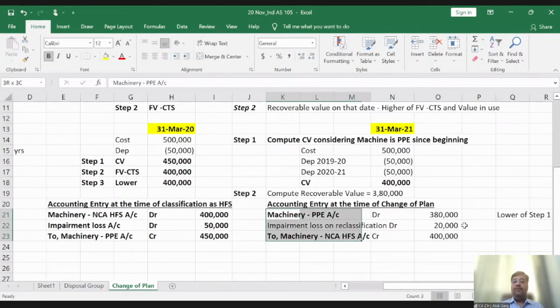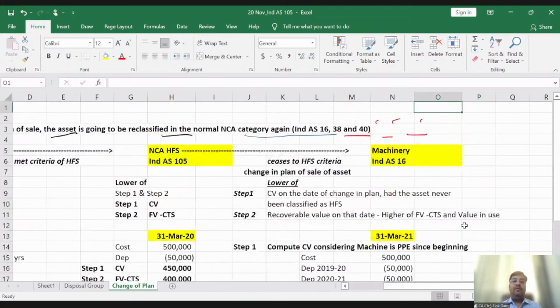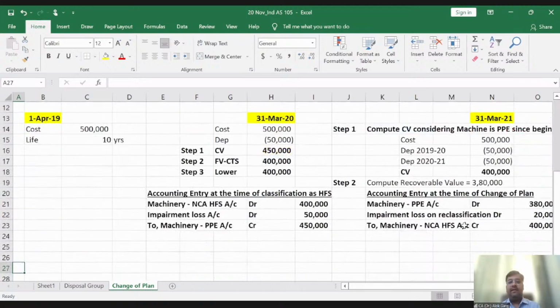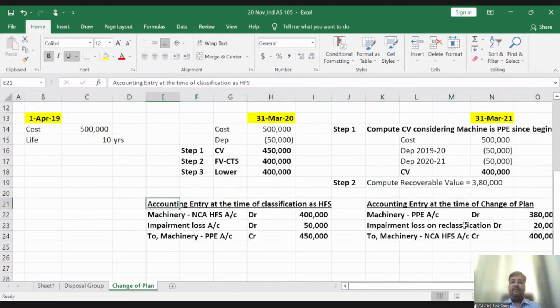Friends, is it clear to all of you? Please tell me if it is clear, or let me know if you have any challenge, problem or doubt. I have shown you this entire concept with the help of the entire life cycle from Ind AS 16 to Ind AS 105, the steps, calculation, accounting entry, everything, right?